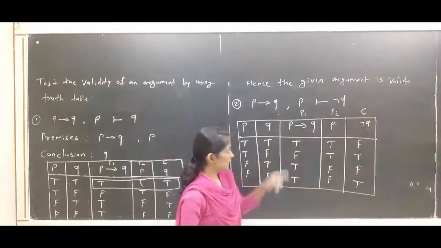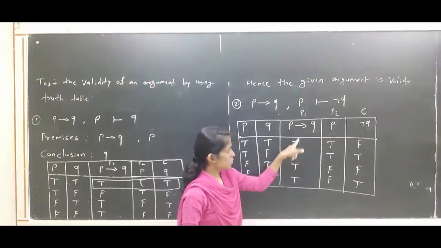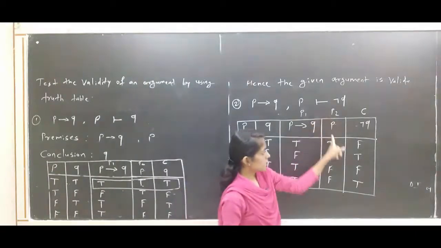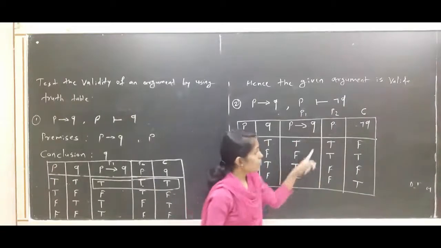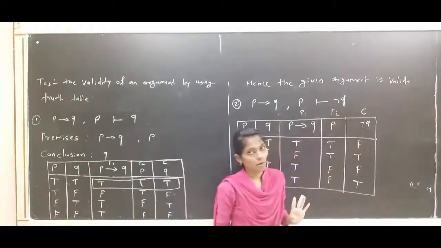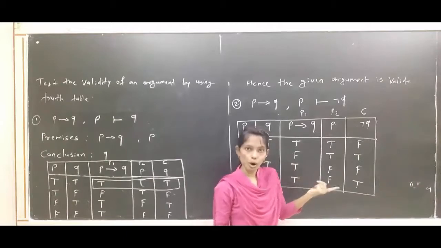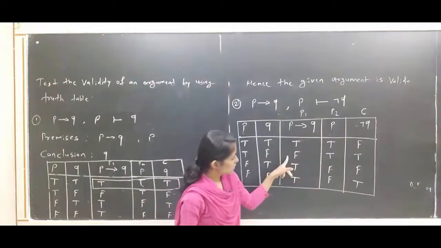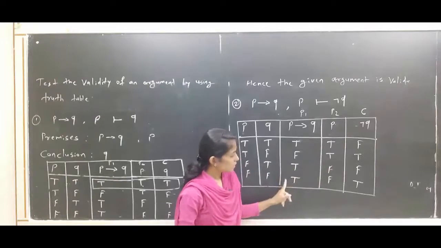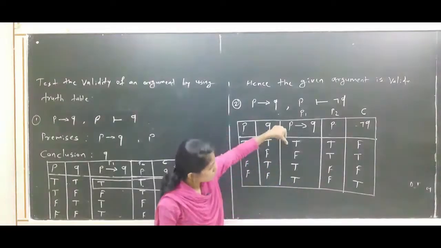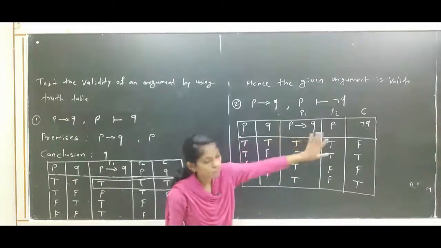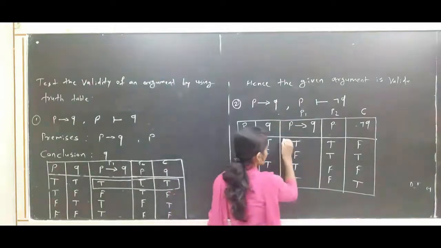Now check here, in the first row, the first premise is true, the second premise is again true, but the conclusion is false. Now check the remaining rows, whether both premises are true or not. Not here, not here. So only in the first row are both premises true.